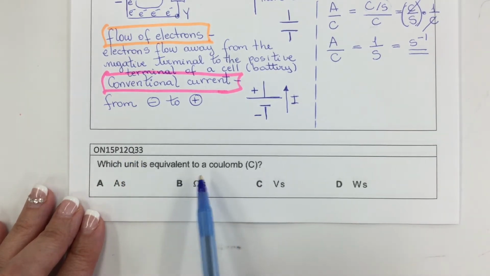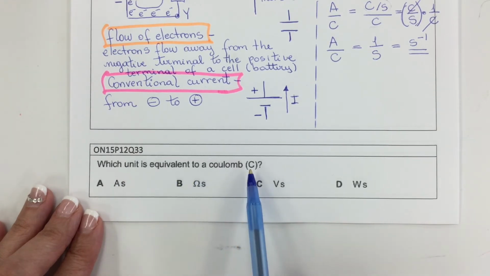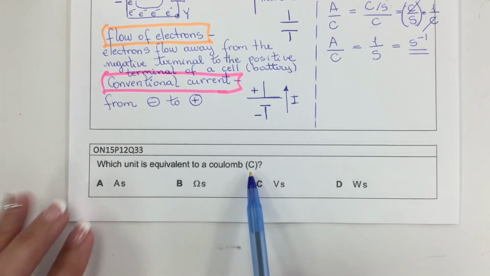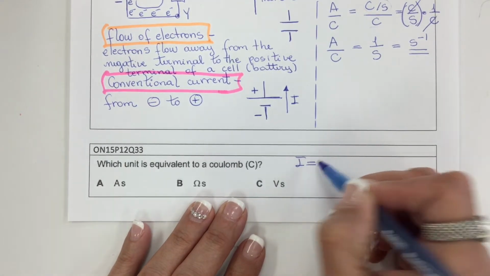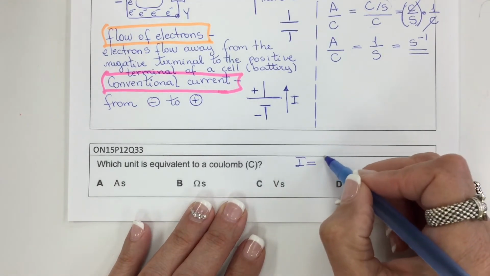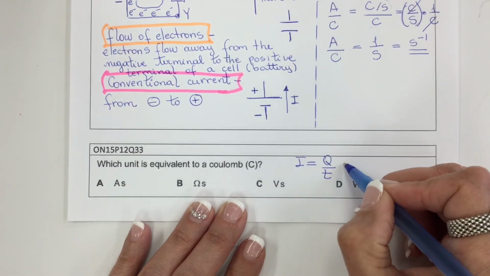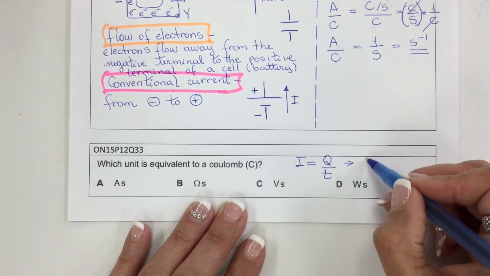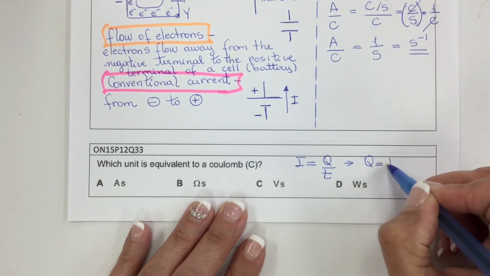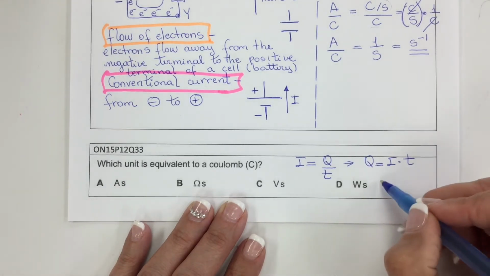Very easy question here. Which unit is equivalent to a coulomb? So you have to go to the formula for current, which is charge over time. So then we have here a coulomb, which is Q equals I times t, current times time.